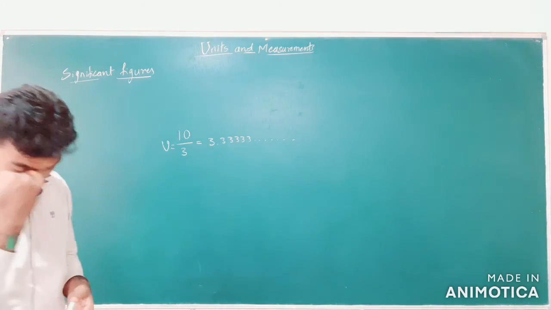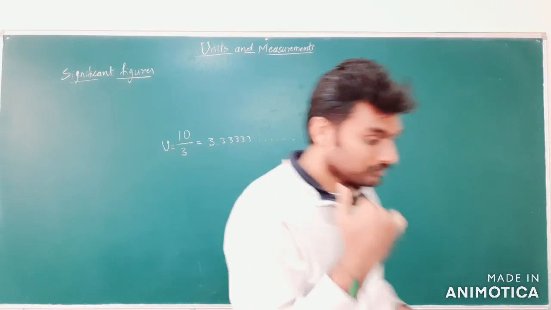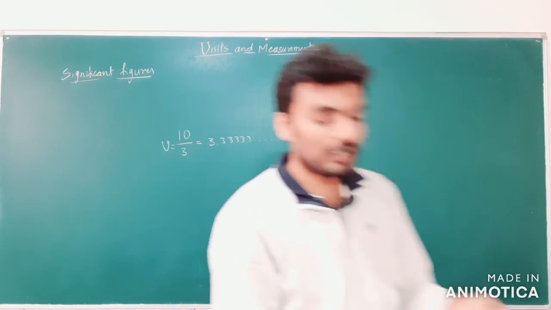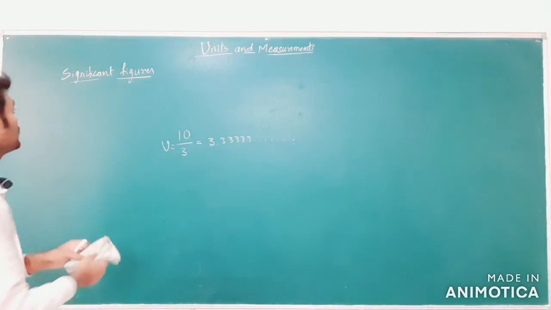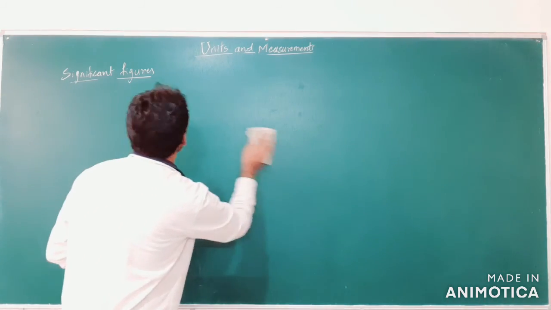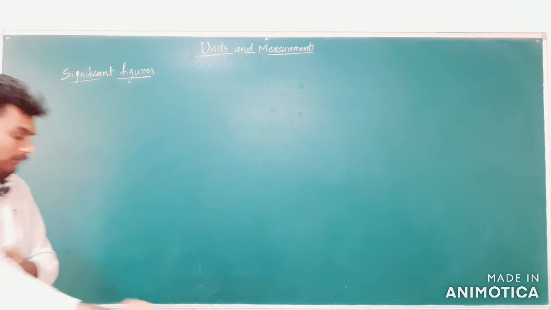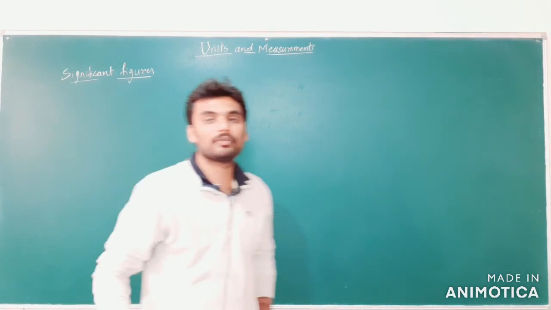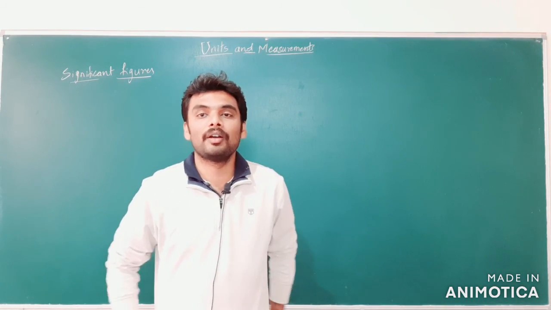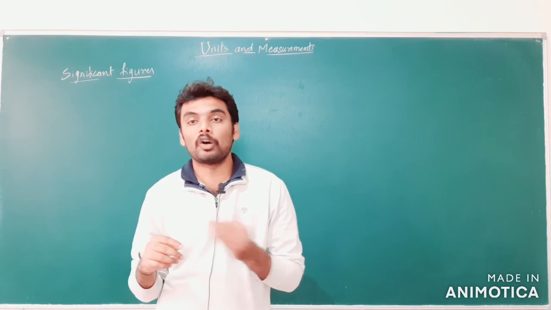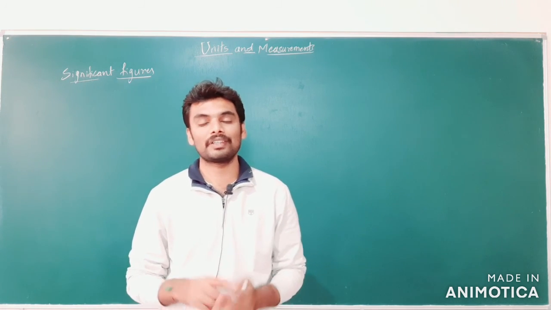Now once we have a measurement, we will see the significant figures of that measurement. There are a few rules which have to be followed while counting the significant figures in a number.